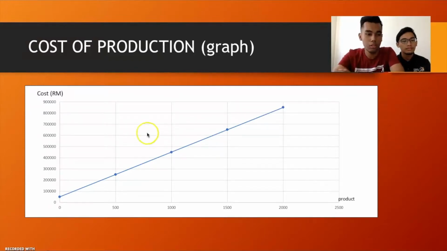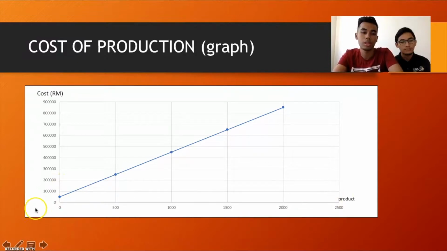The y-axis represents the cost of production, and the x-axis represents the amount of production. The y-intercept does not reach the origin because it is called overhead production.